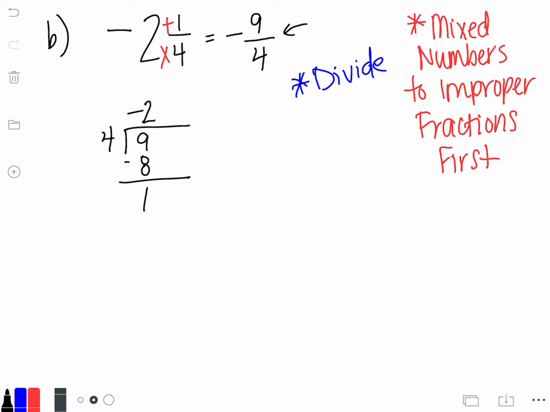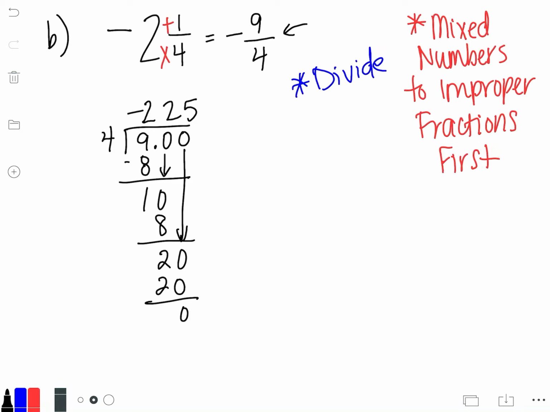Remember, you never want remainders anymore, so we're going to put a decimal point and a 0. 4 goes into 10 2 times. Bring down another 0. And finally, 4 goes into 20 5 times. So this particular problem does not repeat. Remember, your decimal goes straight up. And so your final answer would be -2.25.